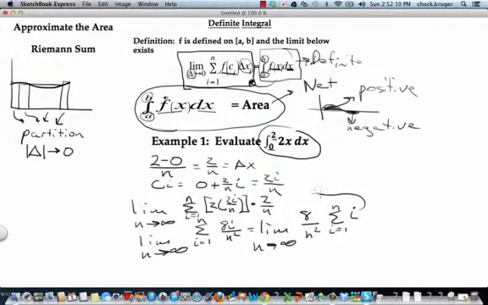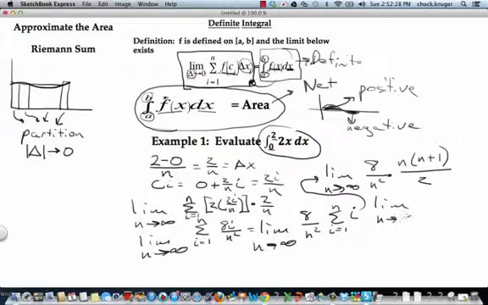And now I'm going to write that in explicit form, and I'm going to have the limit as n goes to infinity of 8 over n squared times n times n plus 1 over 2, and that's going to give me the limit as n approaches infinity of 4 times n plus 1 over n. And you can see the leading coefficients here, and both of them have a degree of 1, so my leading coefficients are 4 over 1, which means I have an area of 4.